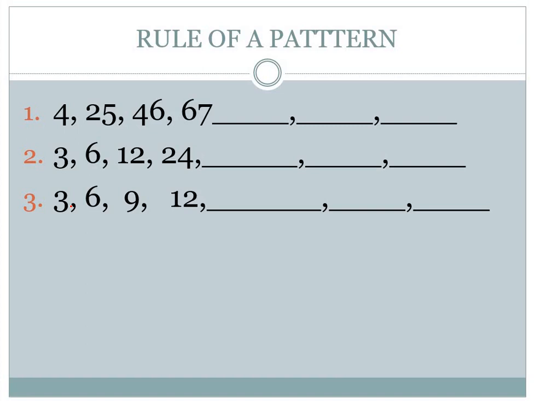Let's try the next option, which is add 3. When I add 3 to 3, I get 6. When I add 3 to 6, I get 9. And when I add 3 to 9, I get 12. So the rule of the pattern in number 3 is add 3. This should help you to fill all the others.